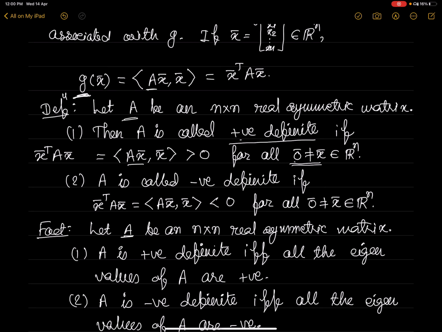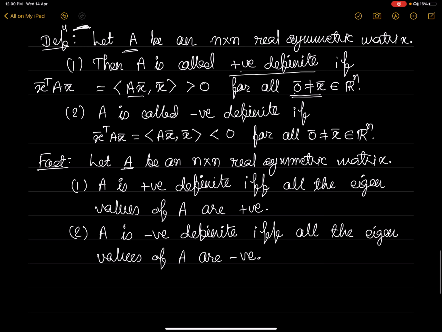In the same way you can define negative semi-definite, and here you may also add two results, namely A is positive semi-definite if and only if all the eigenvalues of A are non-negative, and in the same way A is negative semi-definite if and only if all the eigenvalues of A are non-positive.